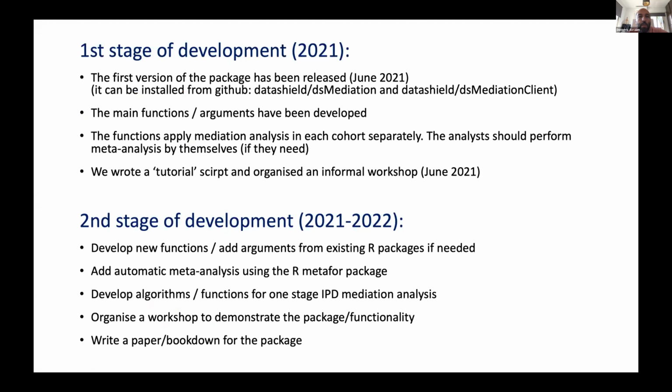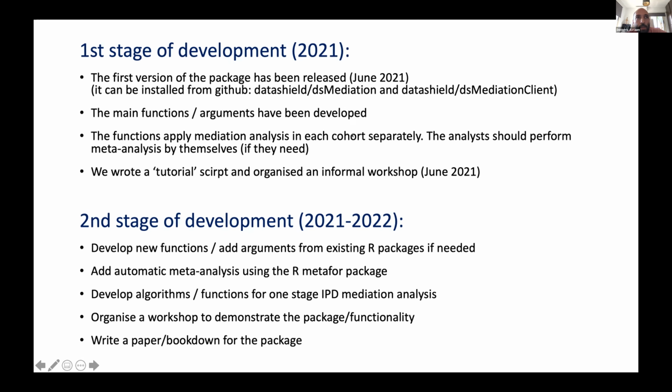At this first stage of development, we used only the main arguments, so we don't include all the arguments that the native R functions have. We released this package earlier in the summer, and everyone can install it through a DataSHIELD repository from GitHub, both on the server side and on the client side.